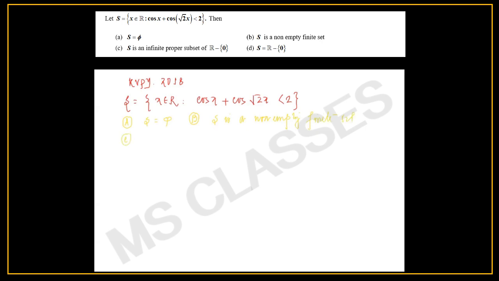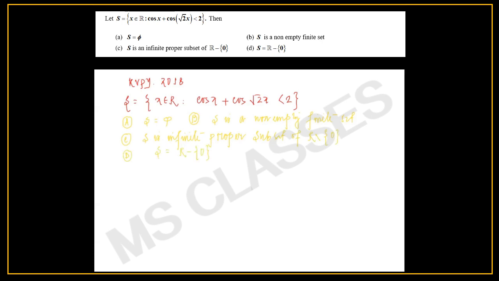Option C, S is infinite. Proper subset of R minus 0. And lastly, we have S equal to R minus 0.